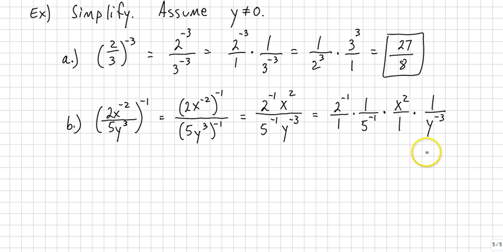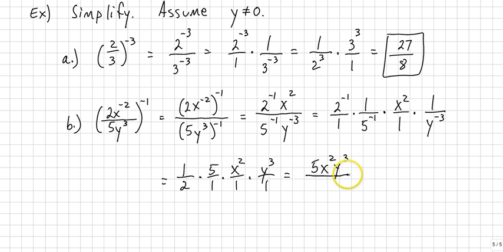And then we'll use our negative exponent rule where we flip the fraction and make it positive. So that would be 1/2 times 5 over 1 times x squared over 1 times y cubed over 1. And we just multiply that all back together. So we end up with 5x squared y cubed all divided by 2.